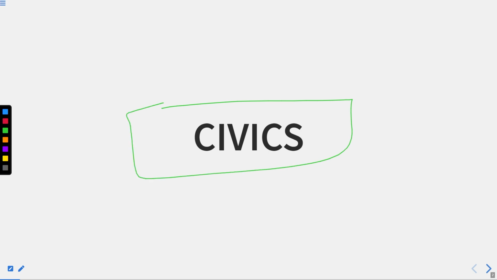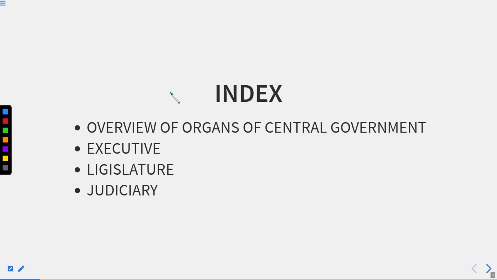This is the topic that we are covering in this lecture, civics. This is the topic we are going to cover in this series. The first is the overview of the organs of the central government. Thereafter, the organs have been divided into three parts: executive, legislature and judiciary.